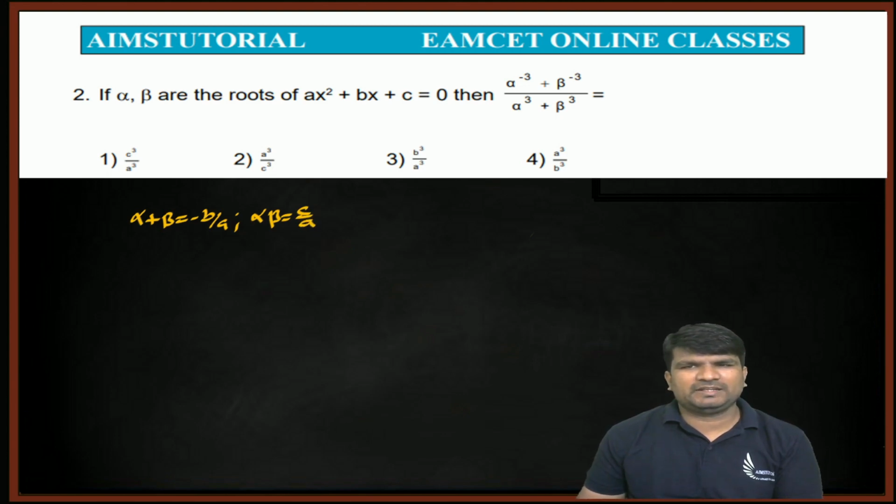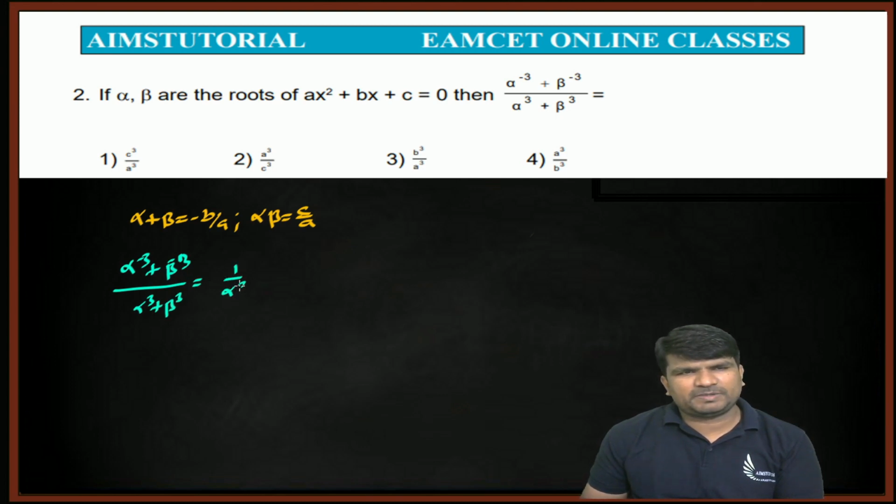Here we have to find the value of alpha power minus 3 plus beta power minus 3 whole divided by alpha cube plus beta cube. So this one we can write as 1 by alpha cube plus 1 by beta cube, since a power minus 1 is 1 by a.